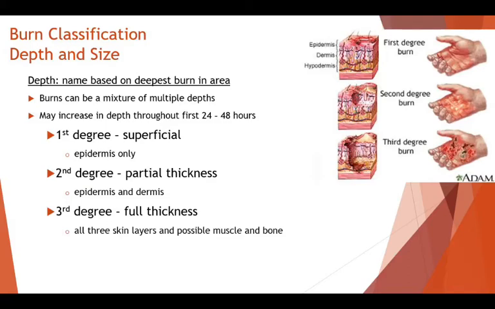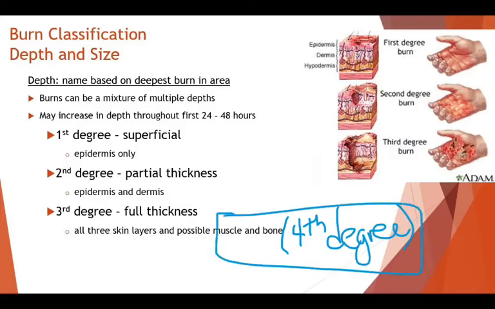Third degree full thickness goes down into the blood vessels and down into the hypodermis layer, and in fact can go all the way to muscle and bone, which would be considered fourth degree, but we're not really going to quibble over third and fourth degree. Both are bad. So the muscle and bone tissue there would be fourth degree. All three skin layers is third degree, but that is a technicality. Again, all third degree, fourth degree, all bad.